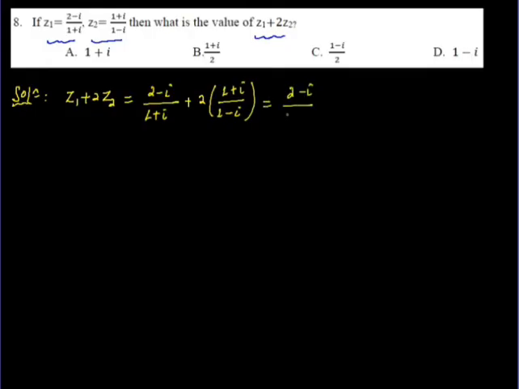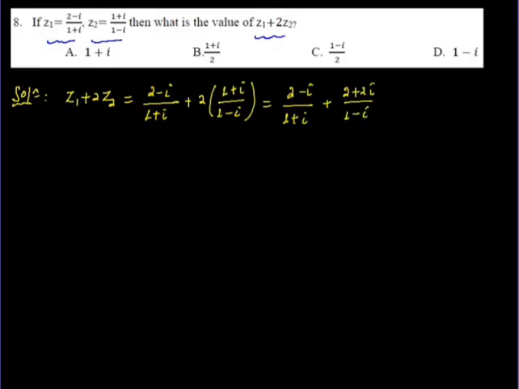Let us take the given values as they are. z1 plus 2 times z2 is the same as 2 minus i over 1 plus i plus 2 times z2, which is 1 plus i over 1 minus i. So this is the same as 2 minus i over 1 plus i plus 2 plus 2i over 1 minus i.